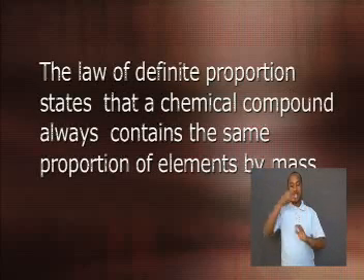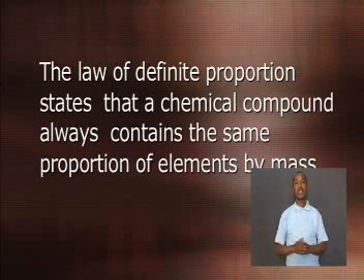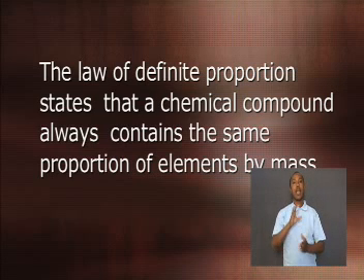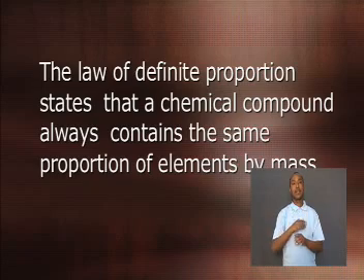The law of definite proportion states that a chemical compound always contains the same proportion of elements by mass. This means that all pure samples of a compound have the same composition, no matter where the samples come from.